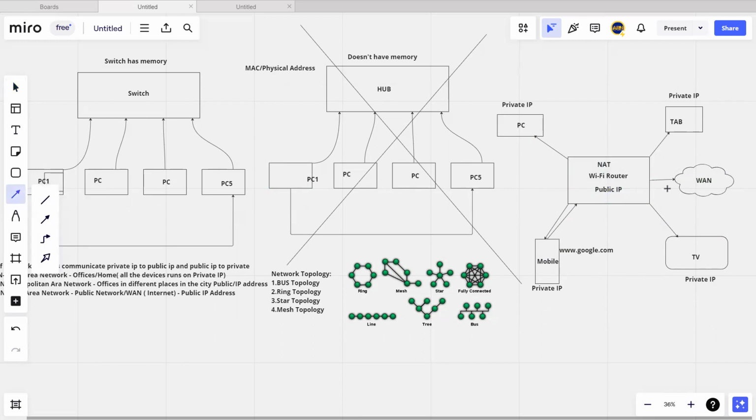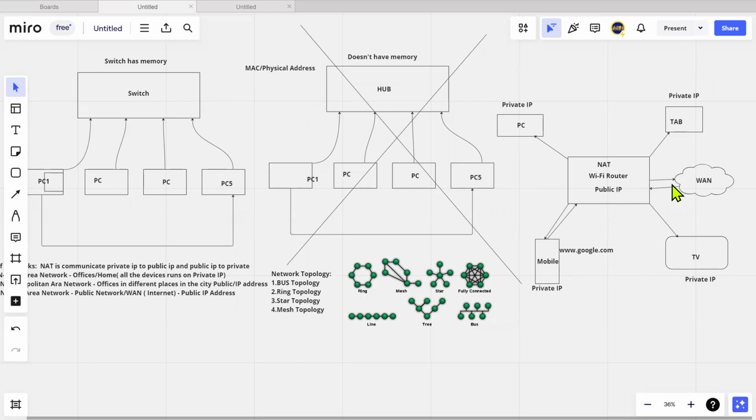That responsibility is taken care of by the public IP address. So we have a single public IP address handling all the requests, taking them to the internet and getting the response from the internet. I browse google.com, the request goes on the public IP address to the Google server, gets the response, and sends it to this device.